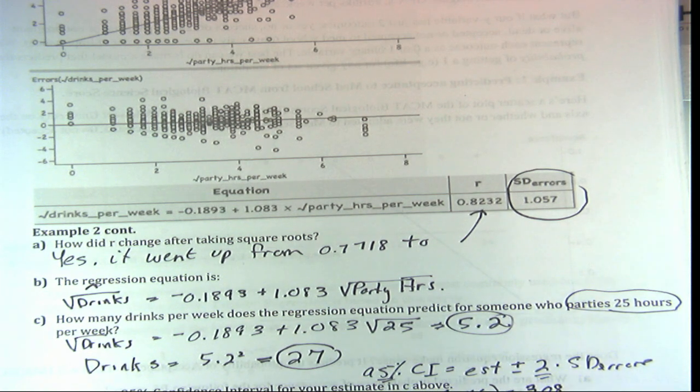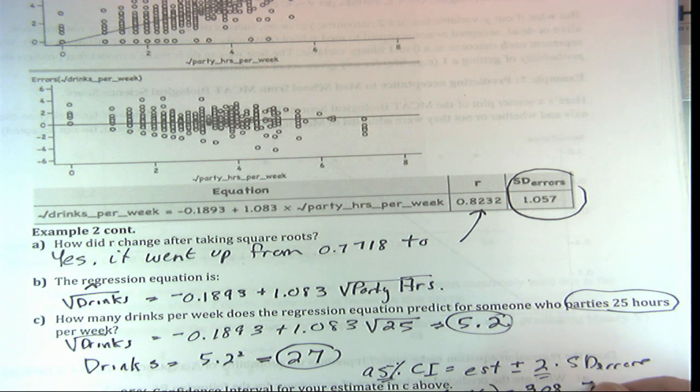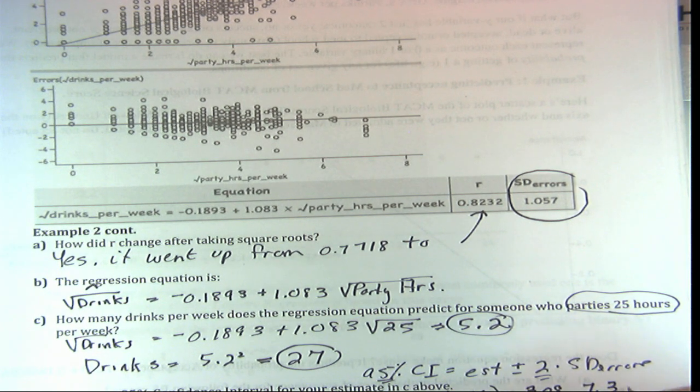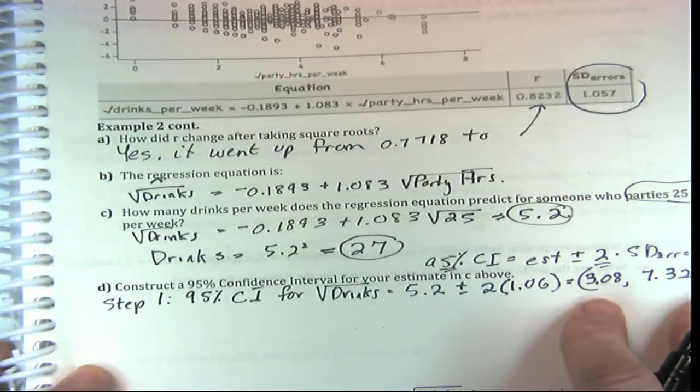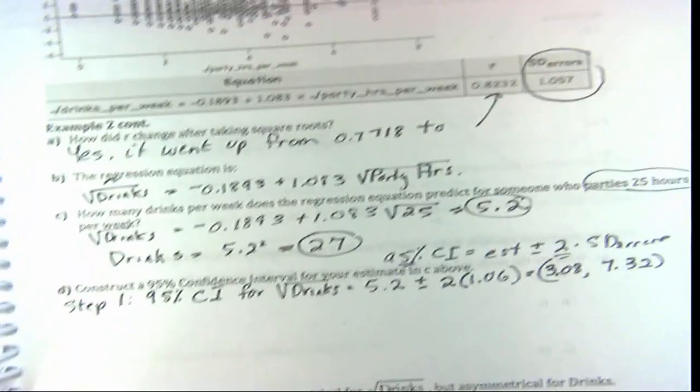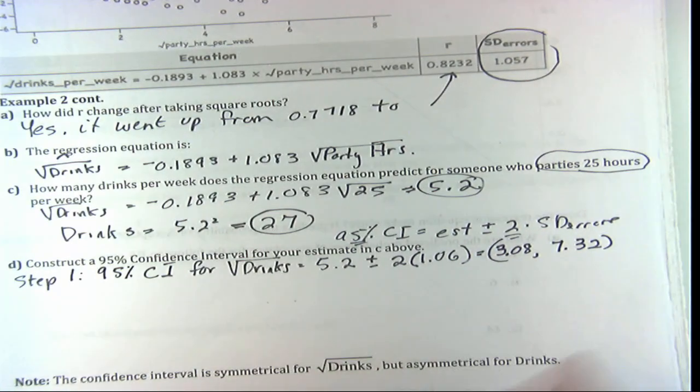And when we add 2.12, we'll get 7.32. So those are our endpoints. Sorry. There we go. Agreed? Now, what do we do for the next step?